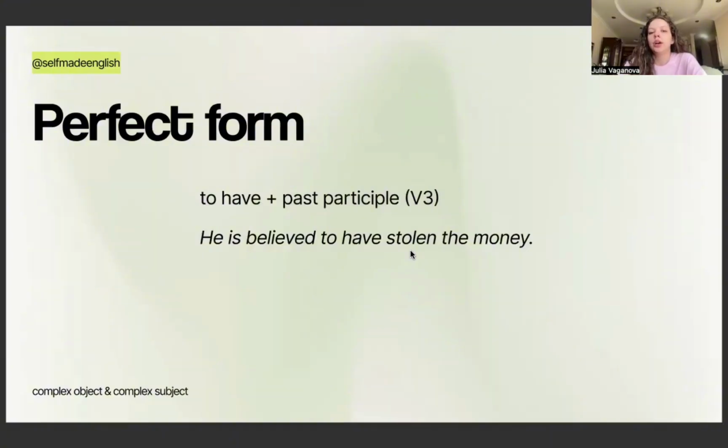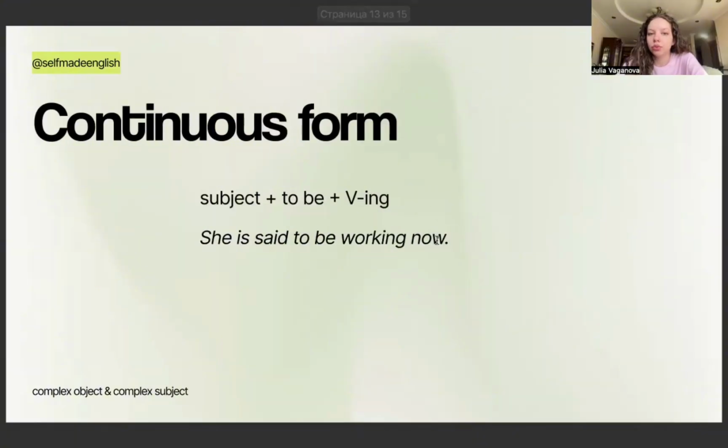So somebody stole some amount of money in the past, and right now we believe that he stole some money in the past. He's believed to have stolen the money. So this form, as I've already mentioned, is called perfect infinitive form, and it refers us to the past. The previous continuous form refers us to the progress of the action.